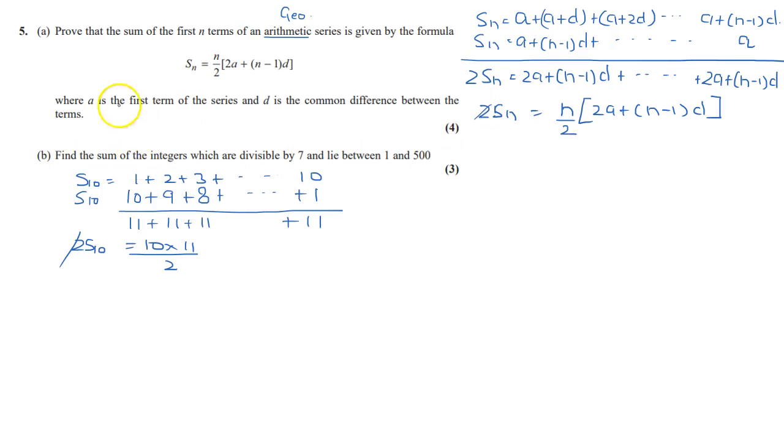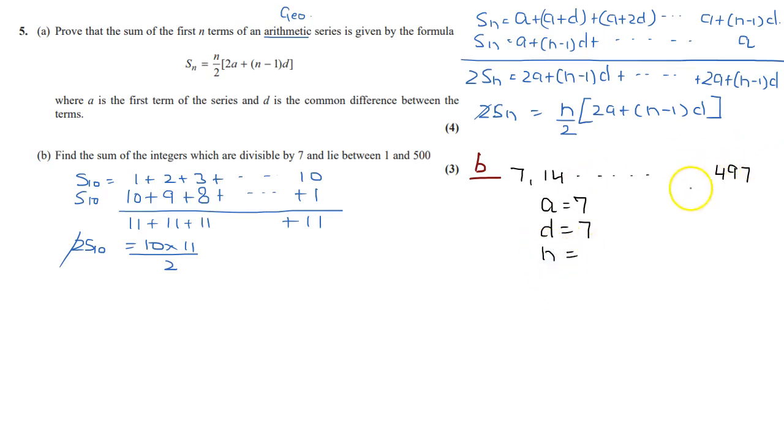Now part B: find the sum of the integers between 1 and 500 which are divisible by 7. So integers which are divisible by 7 are 7, 14, and the last term will be 497. 7 times 71 is 497. So a is equal to 7, and the common difference is 14 minus 7, 21 minus 14, which is 7.